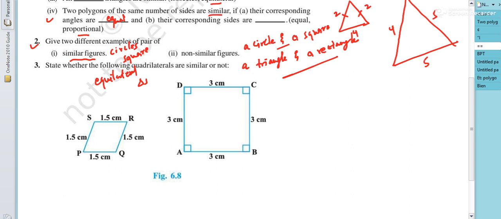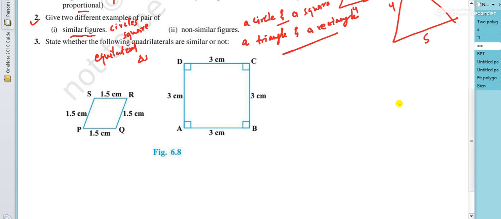Now moving to the next question. Question number 3. What does it say? State whether the following quadrilaterals are similar or not. Can you call them similar? No, they are not similar. Why? Their corresponding angles are not equal. This is 90, but this is not 90.